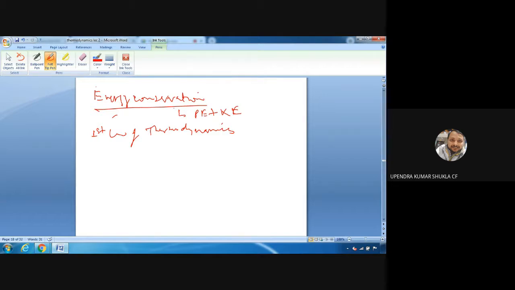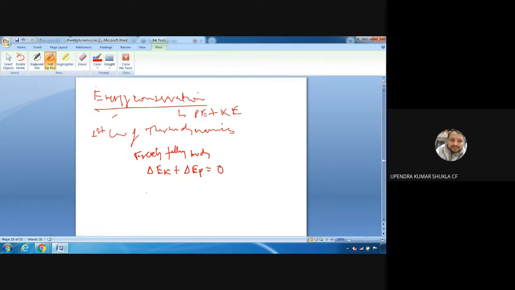For a freely falling body, this means both kinetic energy and potential energy will be there. So change in kinetic energy plus change in potential energy would be equal to 0.